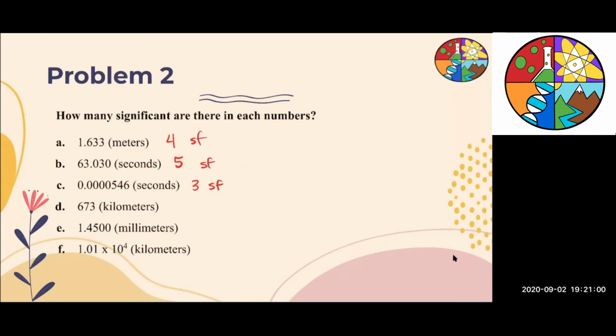D is 3. Okay, I will call a different person now. Kelvin, can you tell me how many significant figures for E? It should be a 5. Okay. Nick, can you tell me for F? Nick says 3 significant figures.